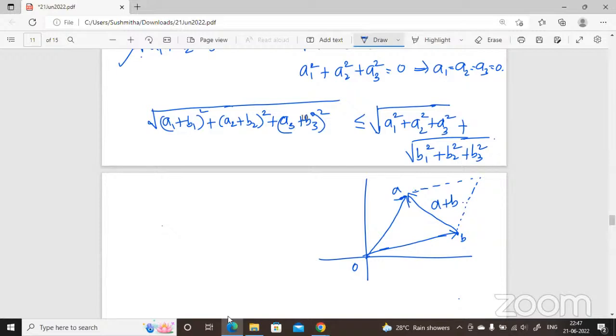The sum of two vectors is this, the resultant vector, right? So, ma'am, it is a parallelogram. You can use either the triangle law or the parallelogram law. Anyway, you're going to get the thing.